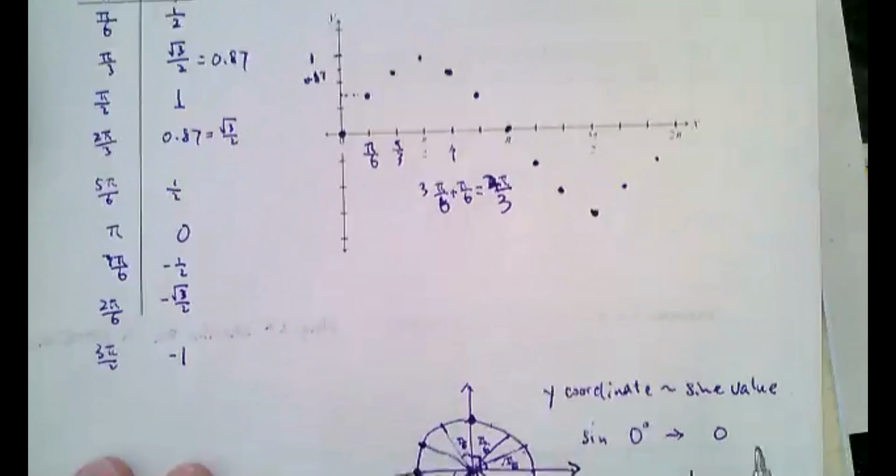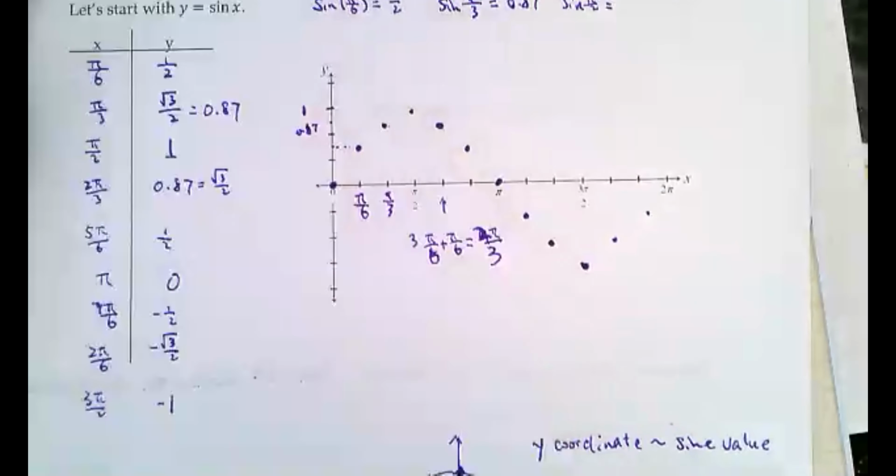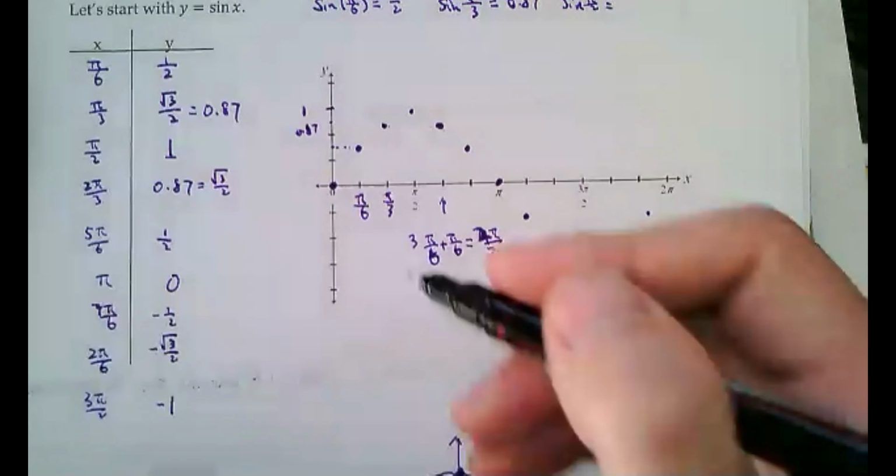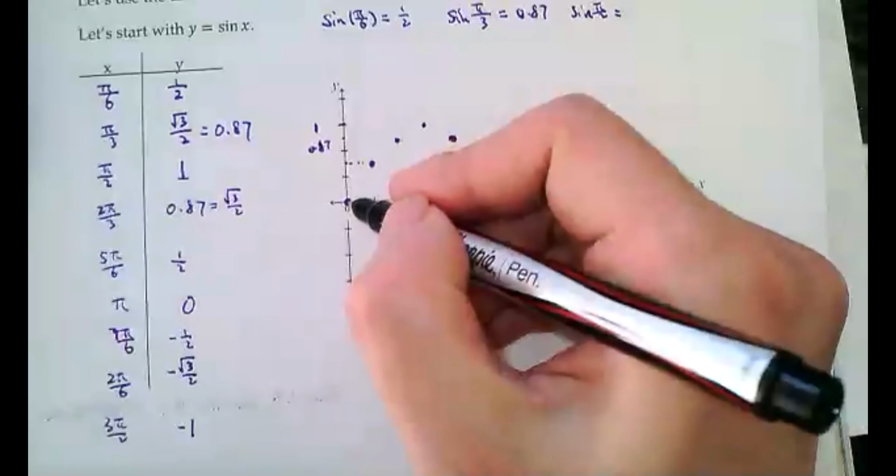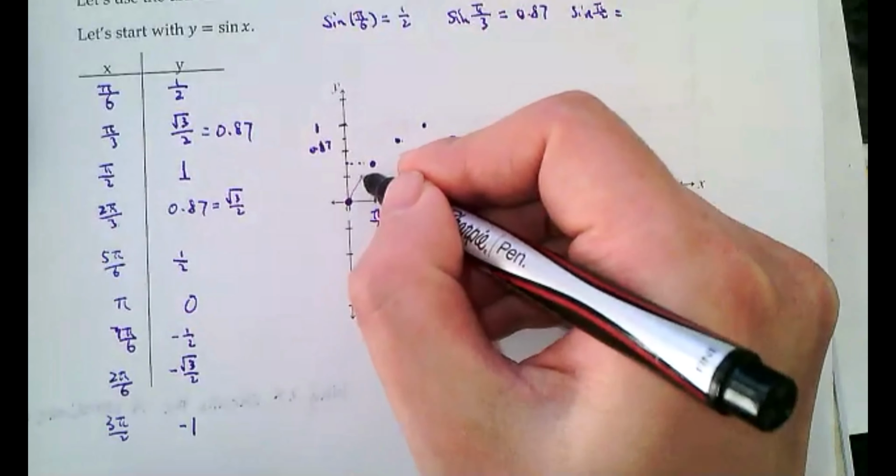So the leftover job is connecting all the dots using a smooth line. Traveling upward, going downward, going downward, going upward until you reach here. Okay.